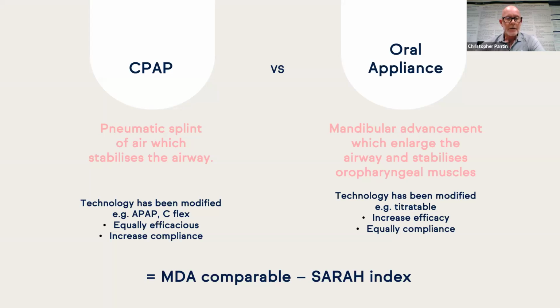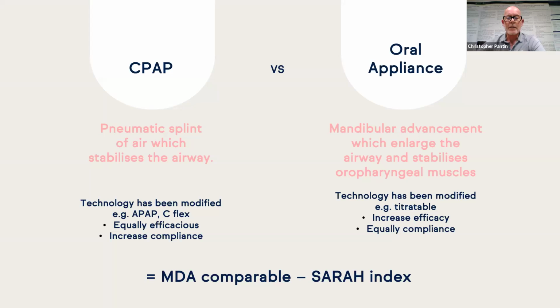Down below, we call that the mean disease alleviation, and that is comparable between the two treatment sources. And then when we look at an index, the SARA index, which is looking at residual apnea-hypopnea index during treatment, they're also about the same. The reason being that we're looking at treatment over time as a function of time.